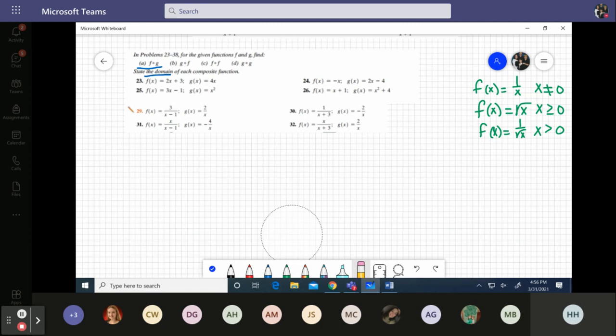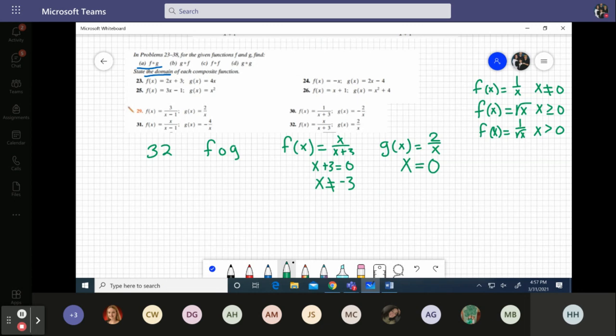I have restrictions for f of x. X plus 3 equals 0. X cannot equal a negative 3. I have restrictions for g of x. X cannot equal a 0, right?